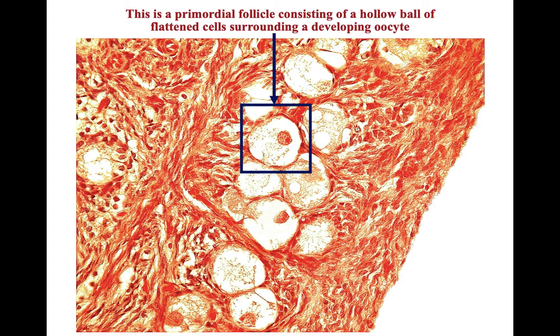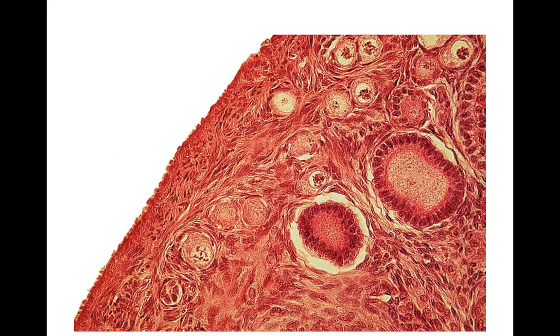So just be aware of that. As these follicles develop every month, and obviously this development only starts happening once a girl hits puberty, before that these primordial follicles are simply sitting in the ovaries and not really doing much.